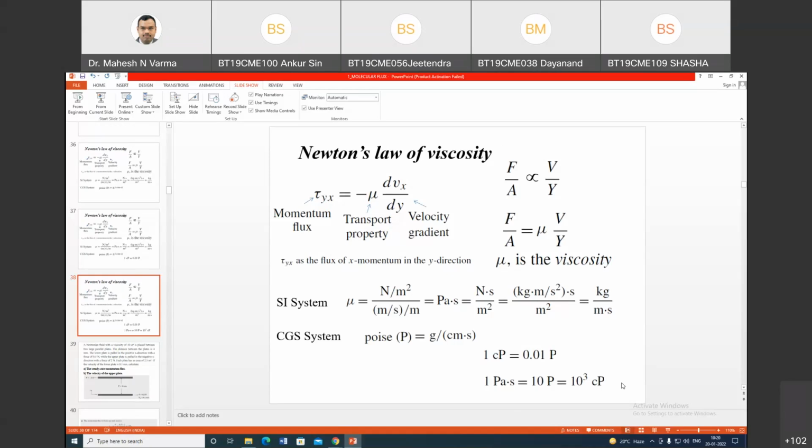Why should I discuss the unit of viscosity here? In Newton's law of viscosity, the unit of viscosity is so important, because I know that you people will make a mistake. That time I clearly told the relation between centipoise and poise, and between SI unit and centipoise. Everything is discussed, and still you are repeating the same mistake, which means you are making a blunder.